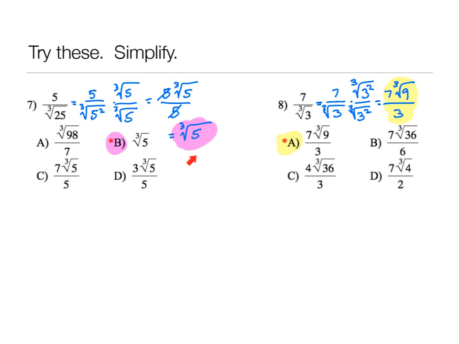The 5's cancel. I end up with the cube root of 5. So answer B. For number 8, this was 7 over the cube root of 3. I had to multiply by the cube root of 3 squared. I need 3 3's to get rid of the radical. So this ended up being 7 cube root of 9 over 3. Answer A.